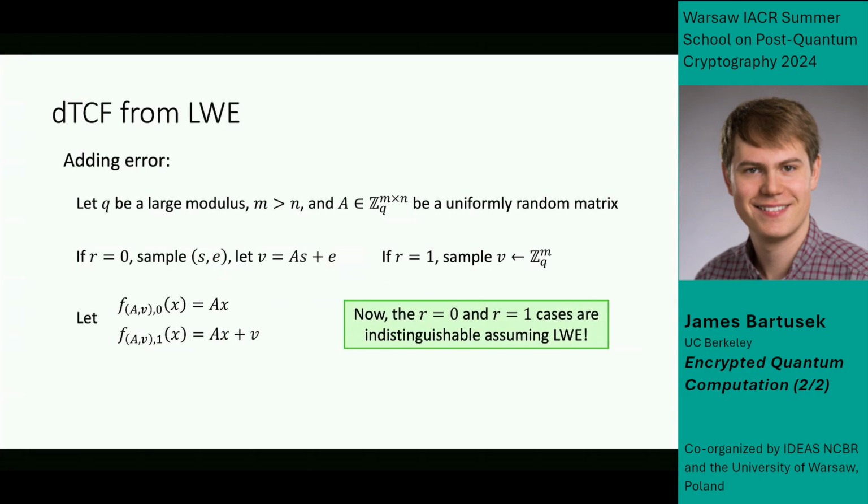By doing this, the problem of distinguishing AS plus E from a completely random V is exactly the LWE problem, okay? So now the mode indistinguishability has been reduced immediately to the hardness of LWE.